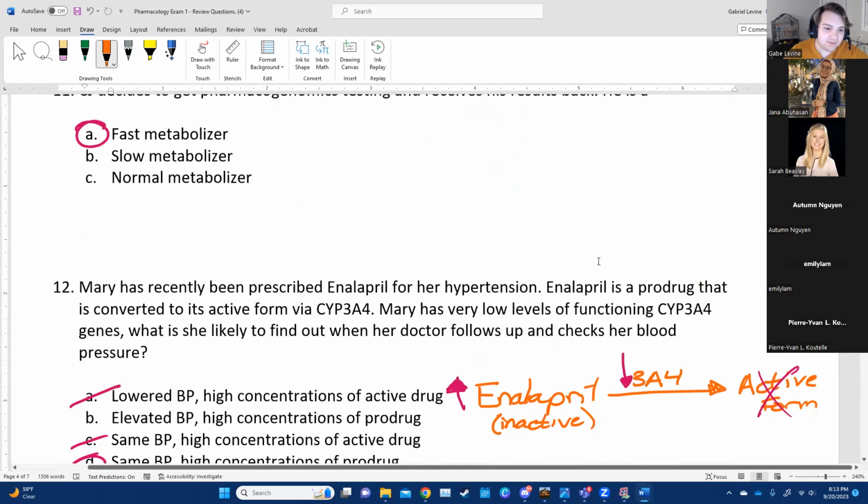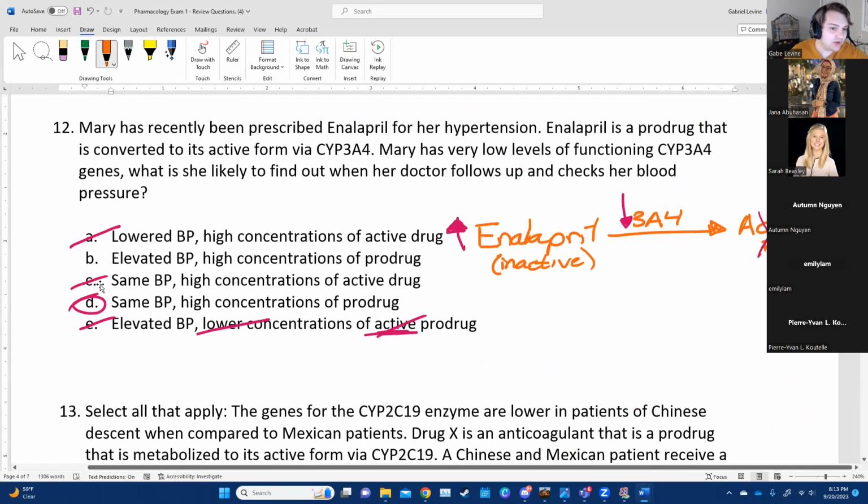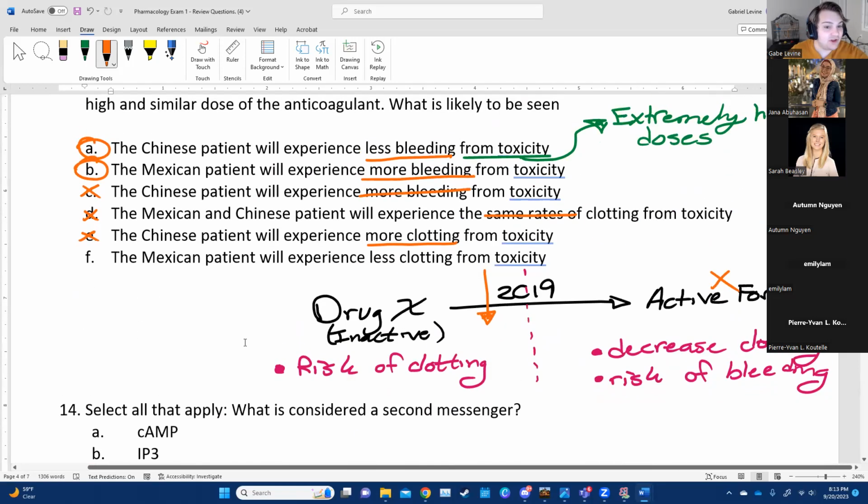Are we causing Mary to have higher blood pressure because she is unable to activate the drug? No. It's the same risk of clotting. We're just not treating it. We're not decreasing the risk of clotting at all. Same risk, we're not affecting it. But will a Mexican patient have less clotting? Yes, they will. So A, B, and F. Does that make sense?